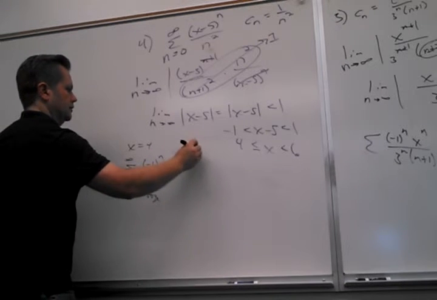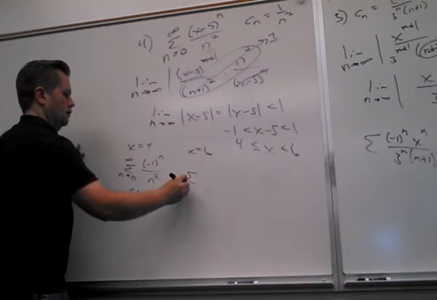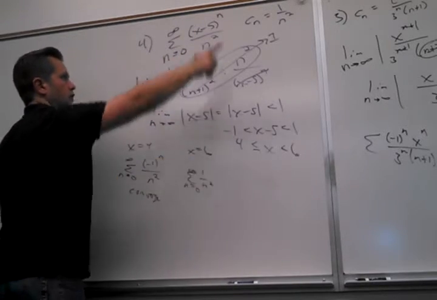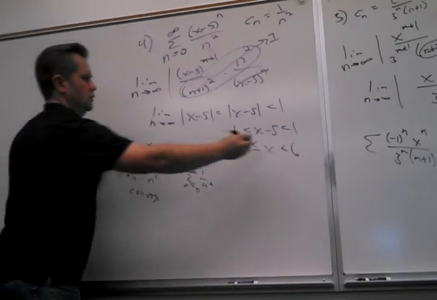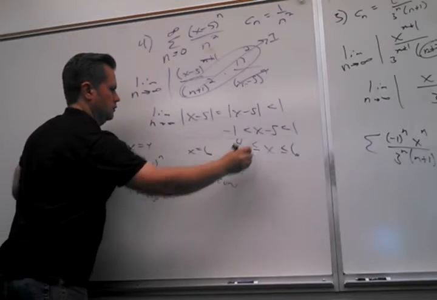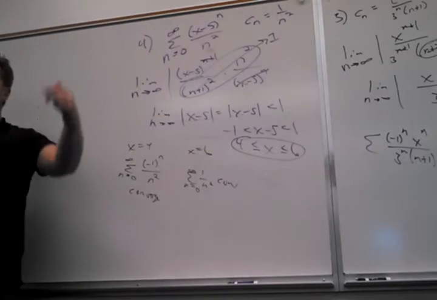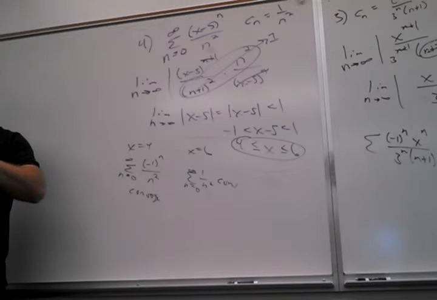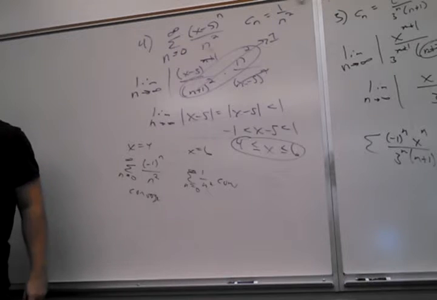If x is 6, I get 1 over n squared, which of course, again, we kind of knew from the beginning that might happen. So I want to include that too. This converges too. So it's going to converge 4 to 6 inclusive. Put anything outside of that range, it's going to go crazy.